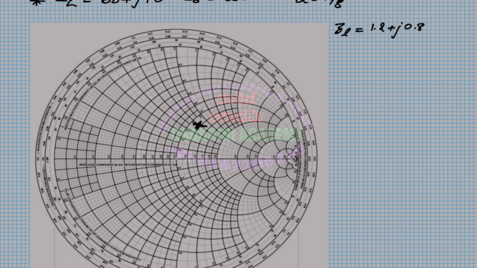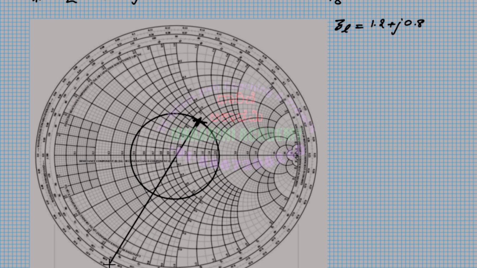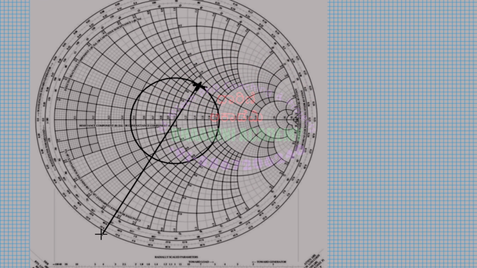Initially, we'll draw a circle, and we'll convert that into an admittance value, the y value. Tell me how much you got here as a y value. So this is ZL, and here I have YL.